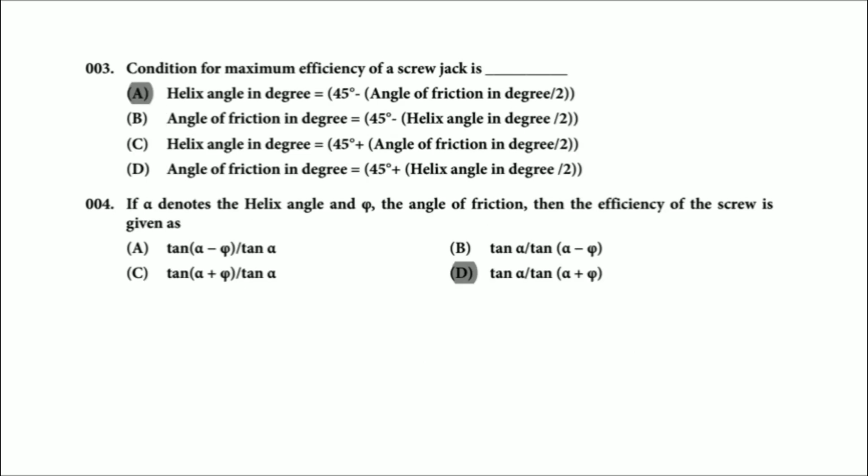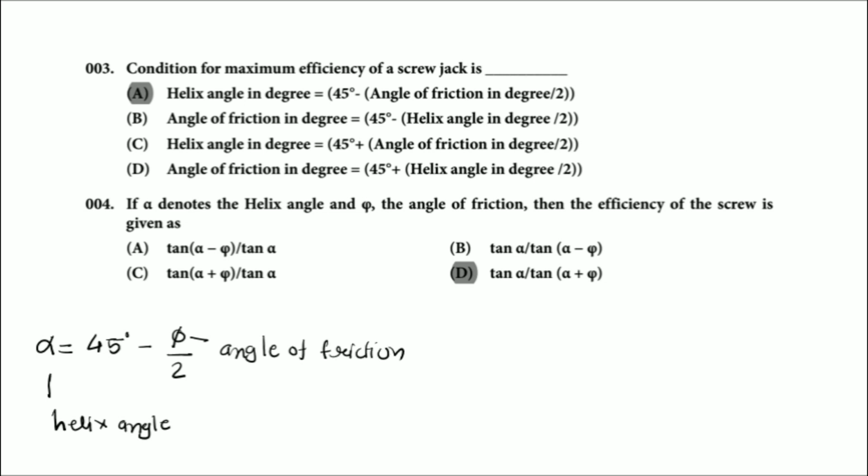Let us move to question number 3, that is, the condition for maximum efficiency of a screw jack is blank. If you know the theory of a screw jack, then you can directly give the answer that helix angle alpha is equal to 45 degree minus phi by 2, where alpha is the helix angle, right, and phi is the angle of friction.